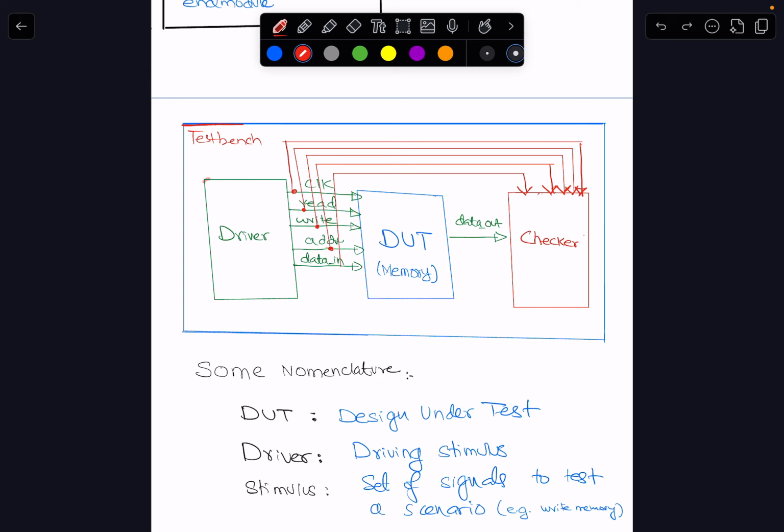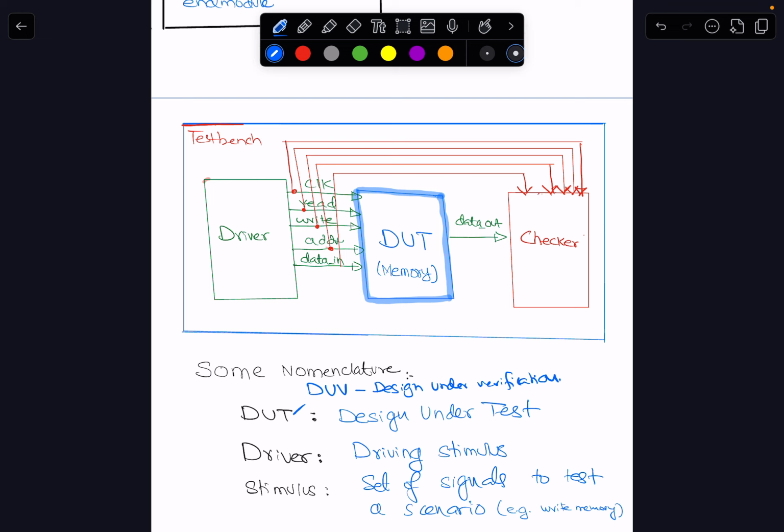This is design under test, and it is also called design under verification, but typically it is called design under test.